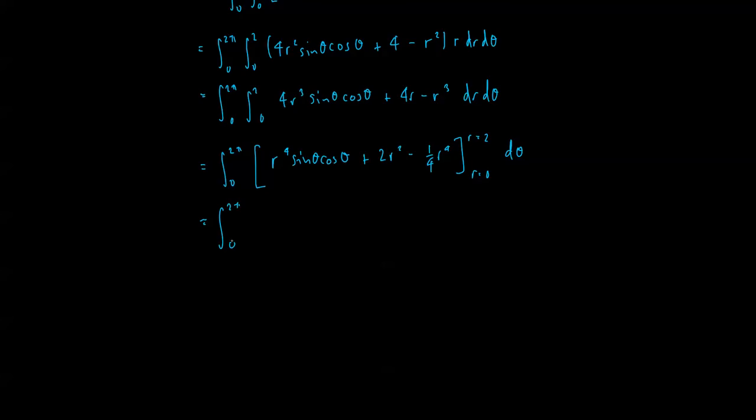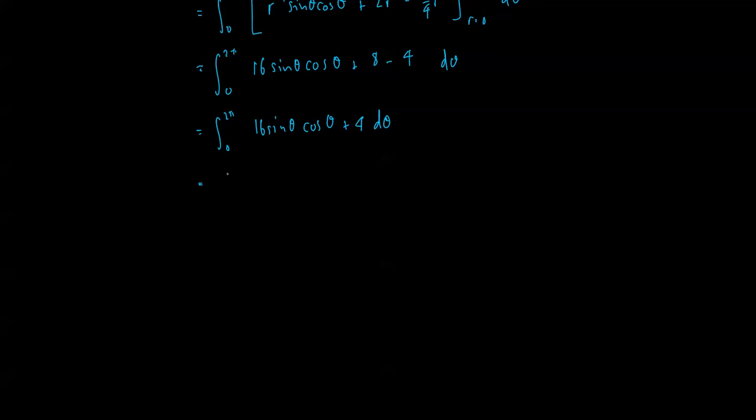Subbing in r equals 2, I get 2 to the 4, which is 16, sine theta cos theta, plus 2 squared is 4 times 2 is 8, minus 16 on 4, which is 4. The zeros will just give me 0. So it's the integral from 0 to 2 pi of 16 sine theta cosine theta plus 4 d theta.